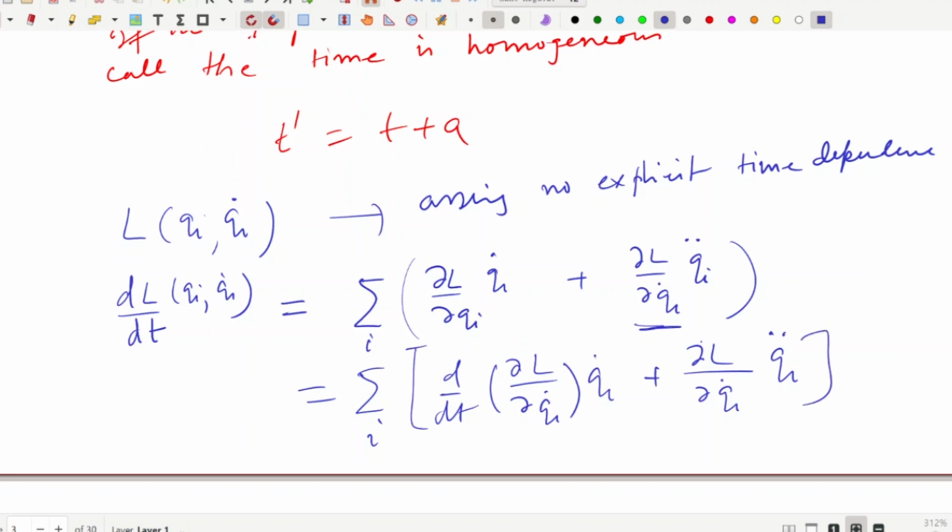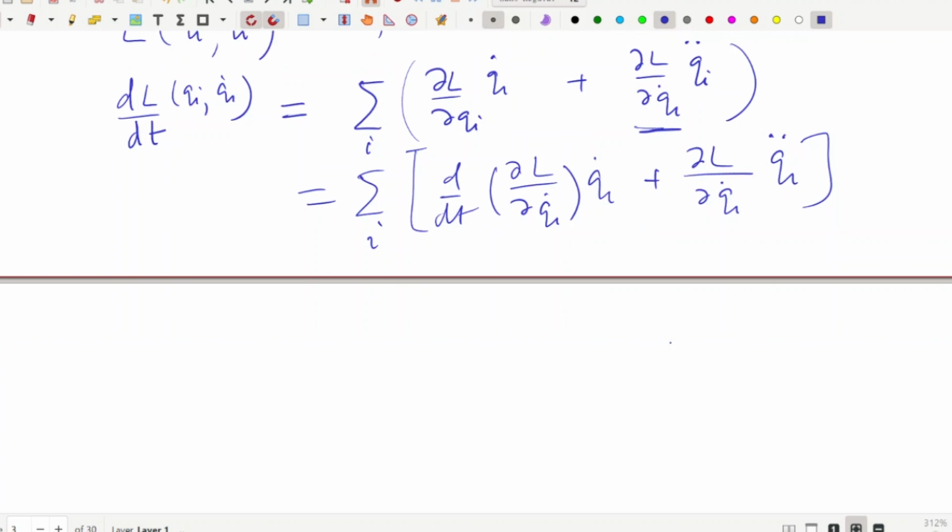Okay. This further I can write as the sum over i of d/dt of del L/del q_i dot times q_i dot. So, the first term, when I differentiate del L/del q_i dot, you will get the first term, and the second term is what you get when I differentiate the second term. So, this can be written like this.